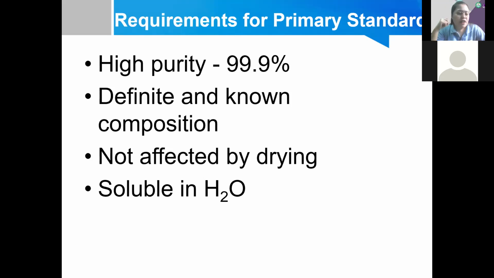So even if before the titration you dry your sample, the primary standard should not be affected. And at the same time, soluble in water, because as I mentioned a while ago, the potassium acid phthalate was dissolved in water and became a solution, then placed in the Erlenmeyer flask.